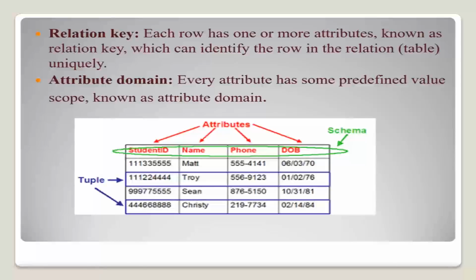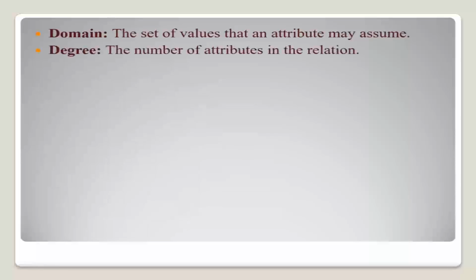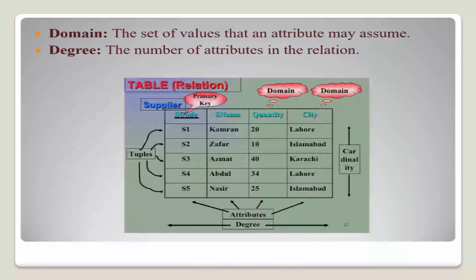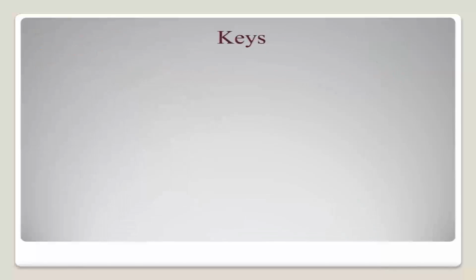Now moving to the next term, that is domain, the set of values that an attribute may assume. Degree of a relation is the number of attributes in a relation. Cardinality of a relation contains the number of tuples in the relation.